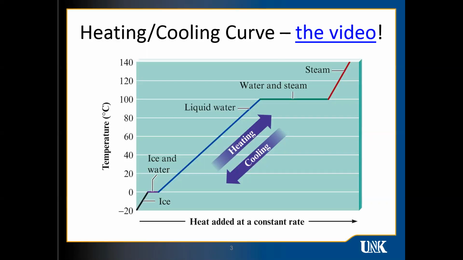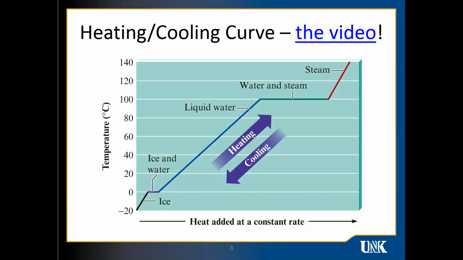Naturally, if you go to a low enough temperature, you'll start with a compound in the solid phase. As you heat it, it'll eventually reach a point where it converts to a liquid. Of course, we call that process melting. If we keep heating, eventually that liquid will be converted to the gas phase. That process is called boiling or vaporization. And we can go in the opposite direction as well.